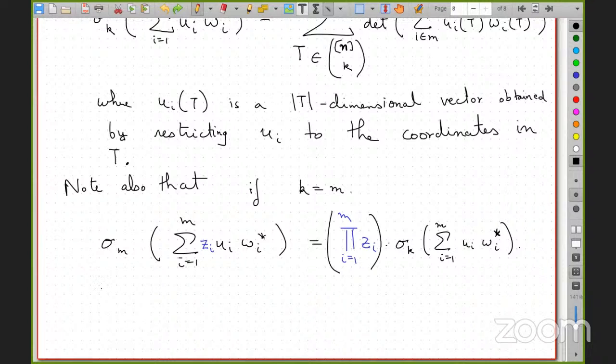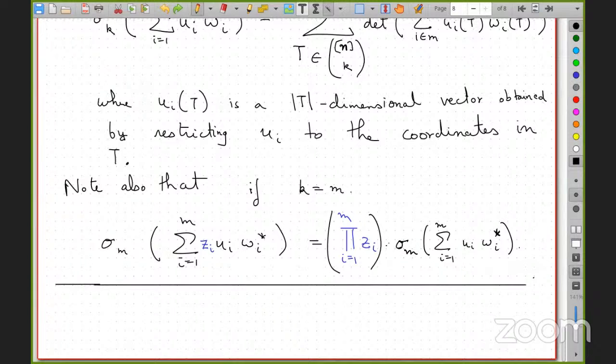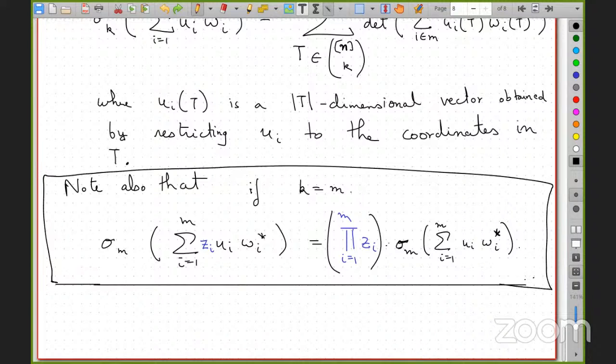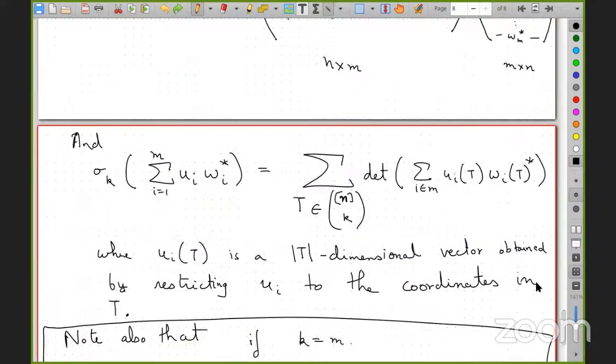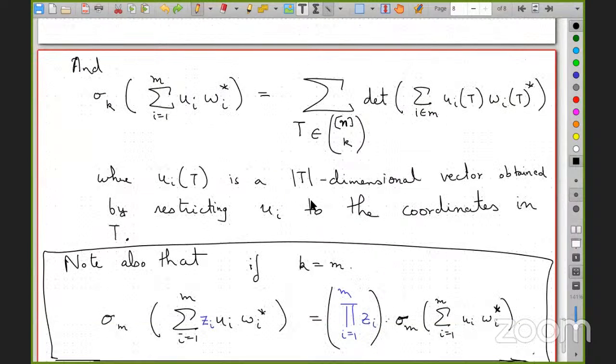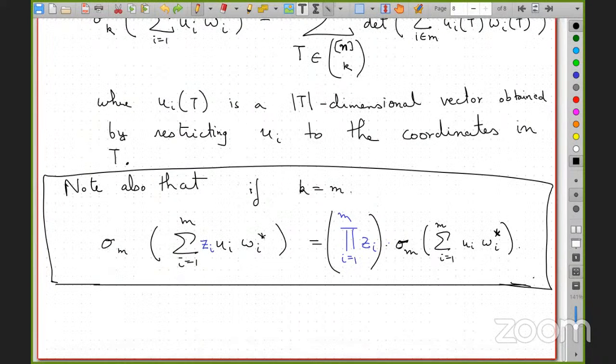But this is just something to keep in mind. Whenever you can do this, you have this. This is a simple fact, but this we will need to prove. So why is this true? What is the definition?